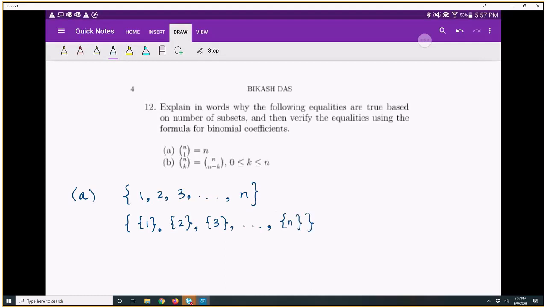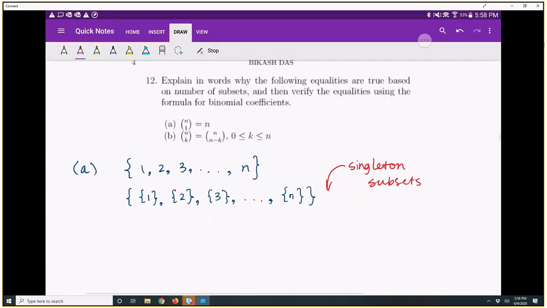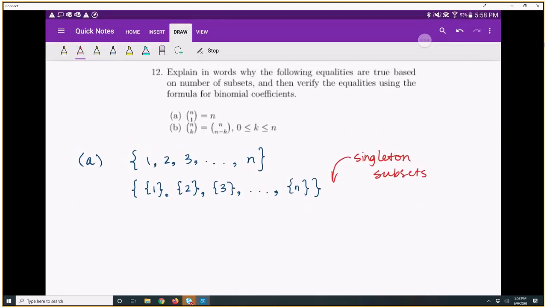So if I counted how many singleton subsets, there would be exactly n. So if I remember that n choose 1, another way of thinking about that is how many ways can I form a subset of a set with n elements, a subset that has one element? Well, then there are n ways.